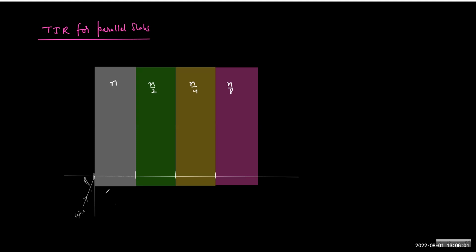So the angle of incidence is this one. Let's call it theta naught. This is medium one.